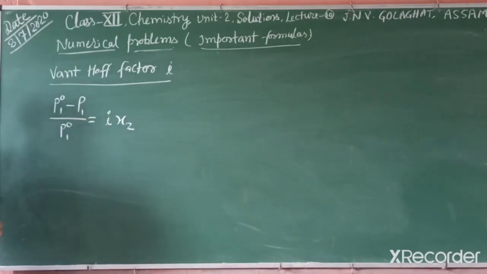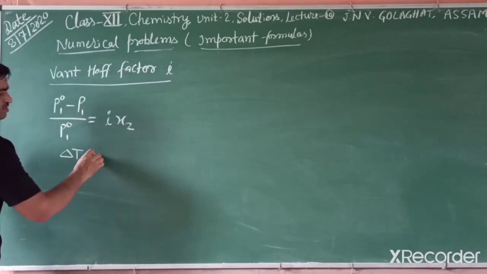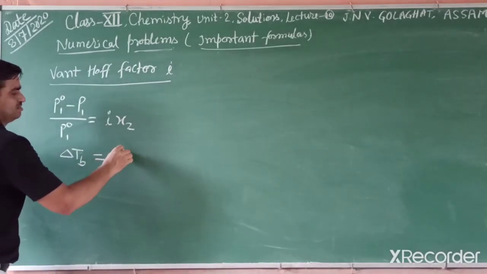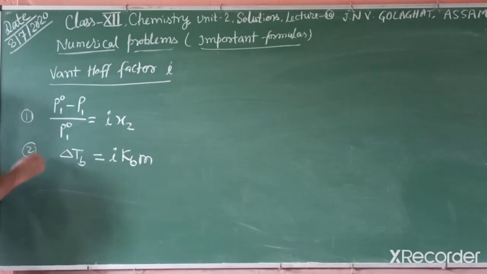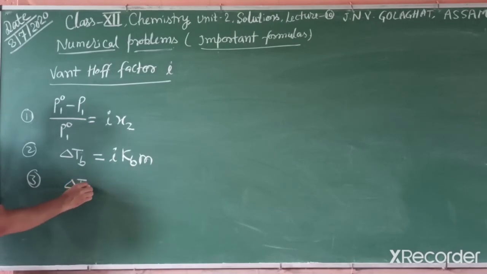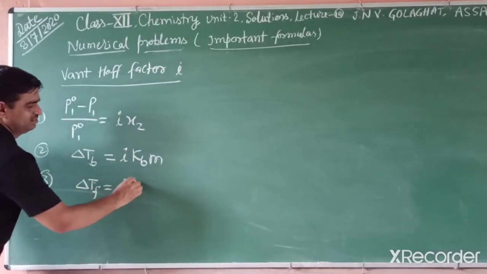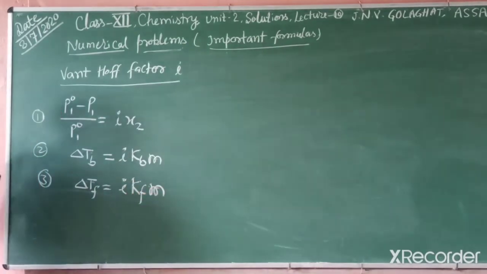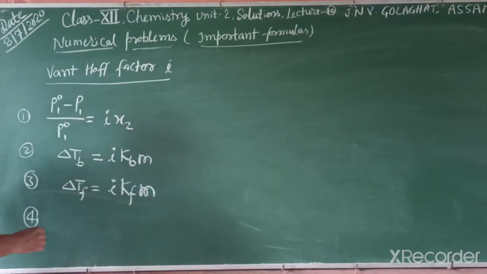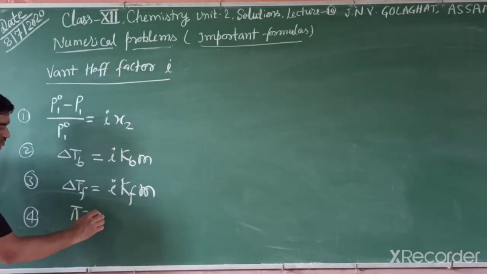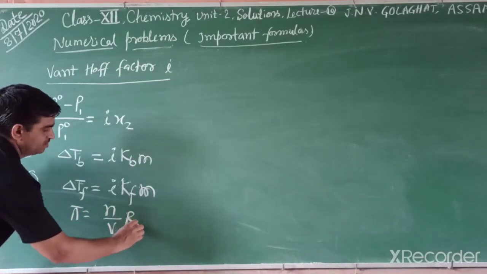Second, delta Tb, the elevation of boiling point, is equal to i Kb m. Third, depression of freezing point, delta Tf, is equal to i Kf m. Fourth, osmotic pressure, pi equals i n by V RT.